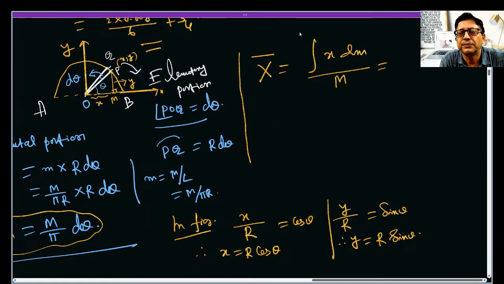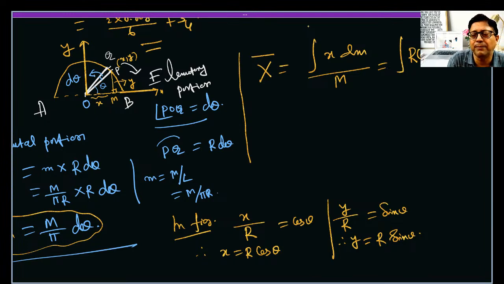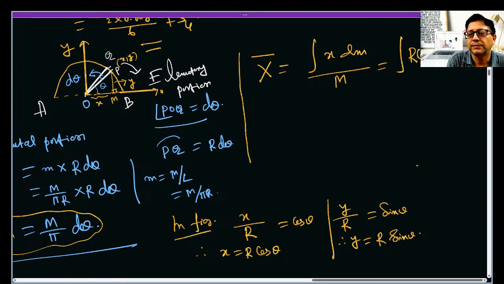X is what? R cos theta. Dm is what? We got here, dm is m by pi d theta. This divided by total mass.